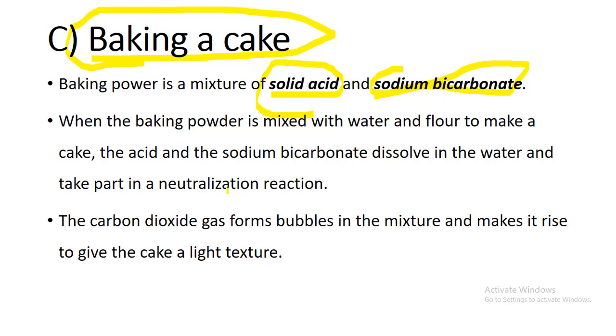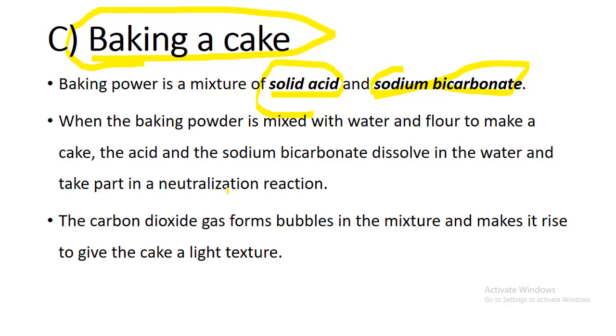What it means is, you have solid acid, right? When that solid acid dissolves in water, it makes an acidic solution. And then we have sodium bicarbonate. When this sodium bicarbonate dissolves in water, it produces an alkaline solution.